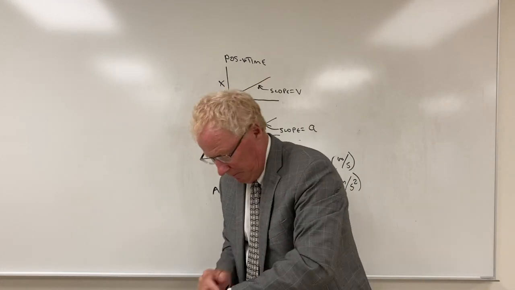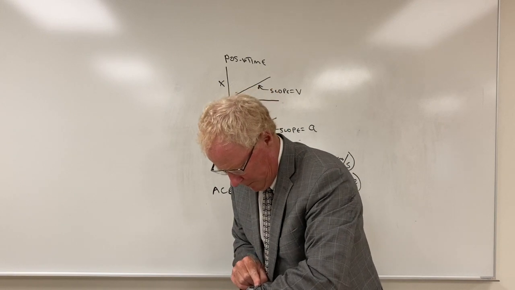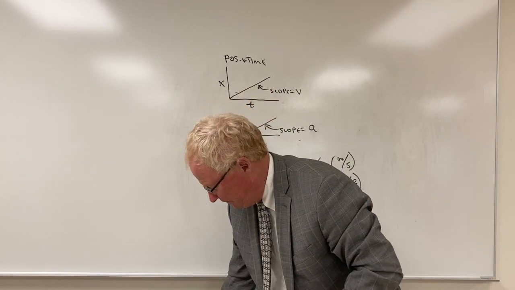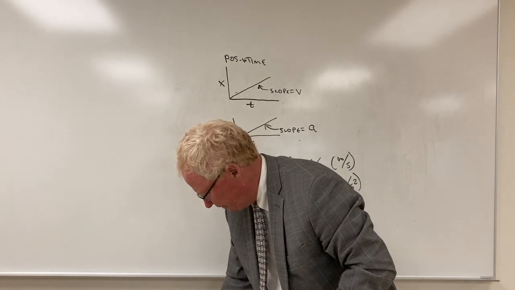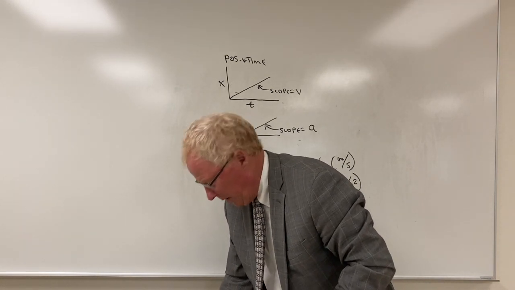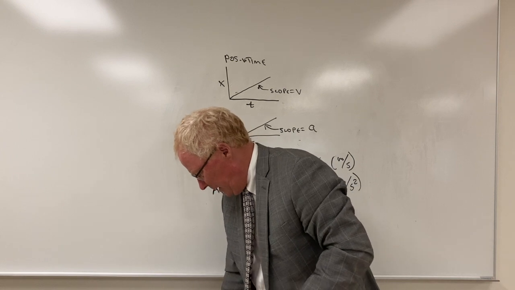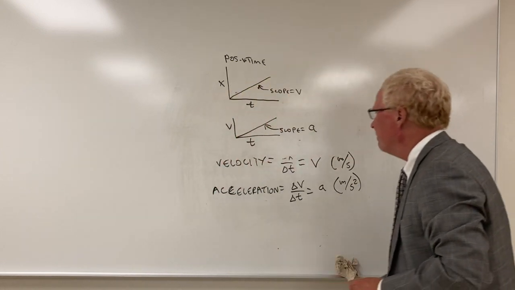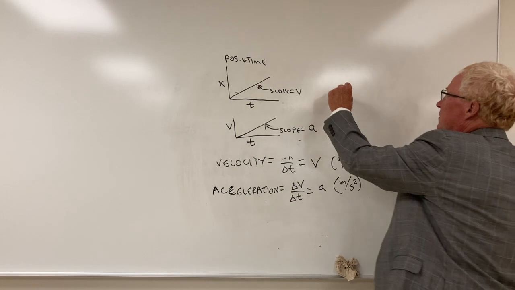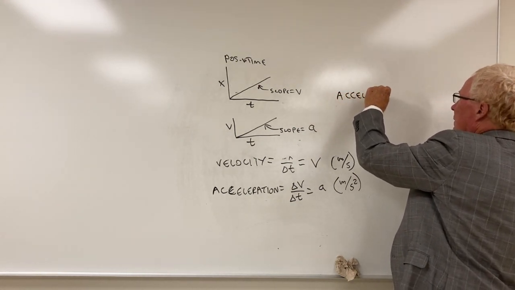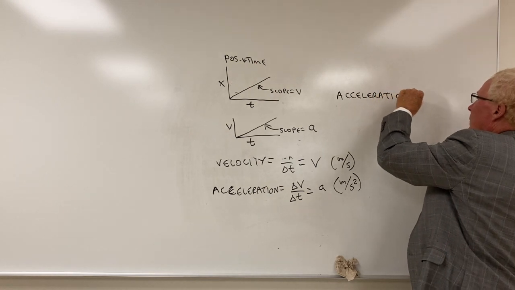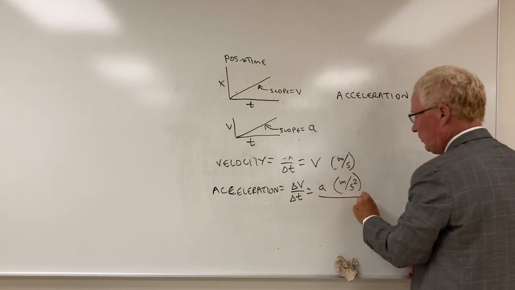All right, so just one last thing here. I'll just introduce that. We talked about acceleration already briefly. Now we have acceleration, which is in units of meters per second squared.